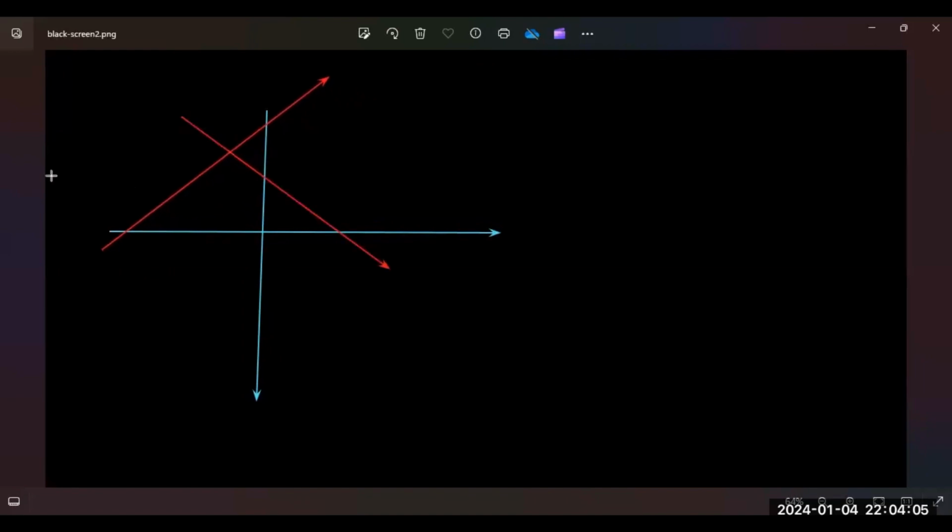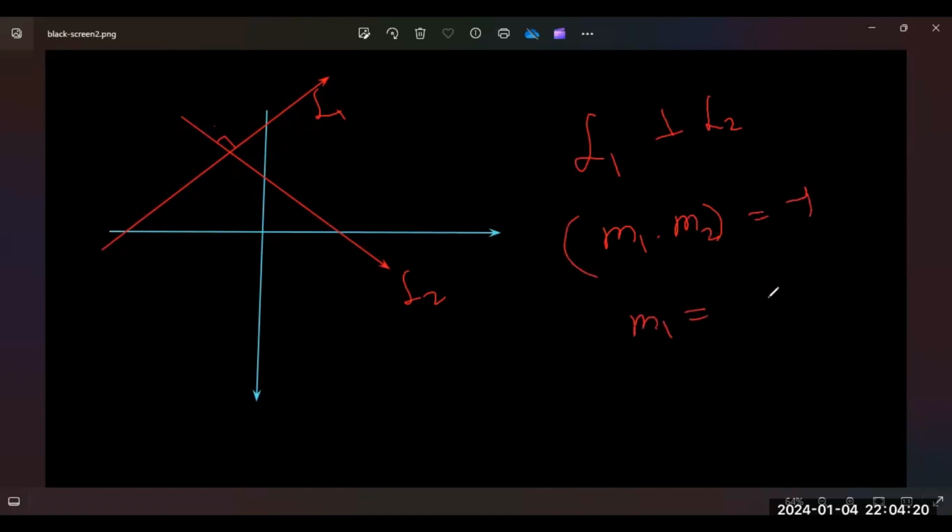Let's say they are perpendicular to each other. So there's a relationship between the two lines. If L1 is perpendicular to L2, the product of the slopes is minus 1. Or in other words, one slope will be equal to the negative reciprocal of the other.